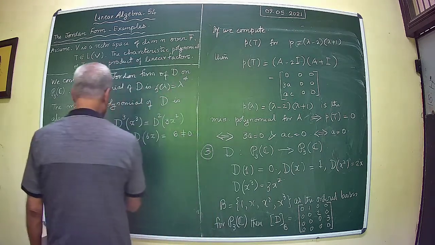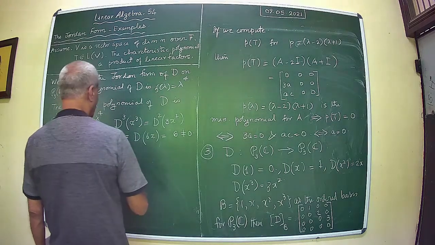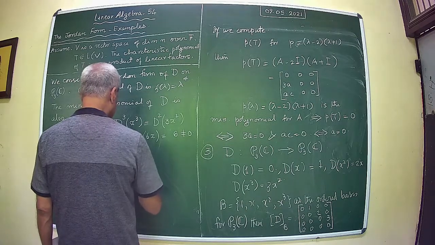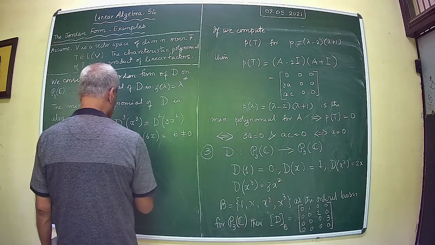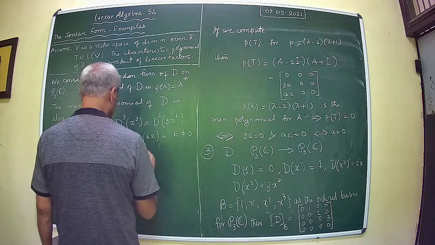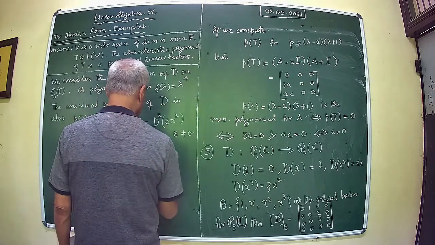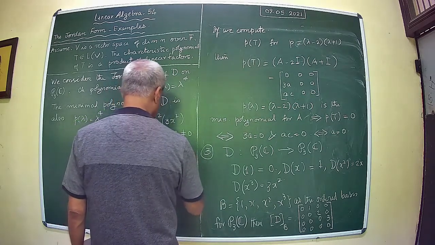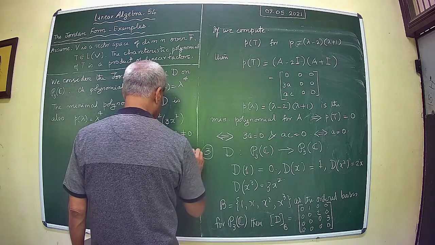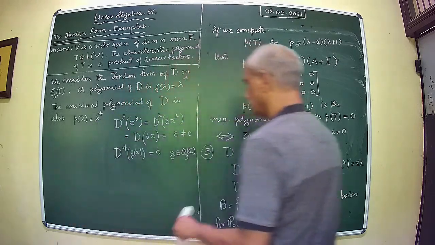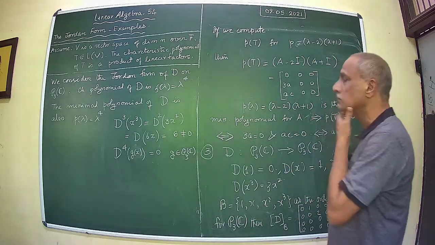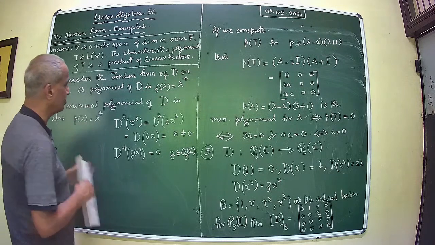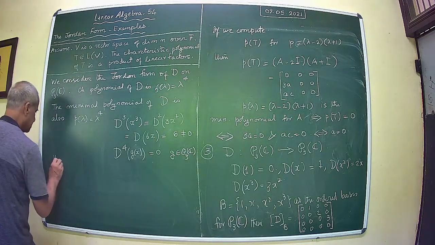Because D to the power 4 of any polynomial p(x) is 0, this we have. Okay, therefore the minimal polynomial is also equal to lambda to the power 4.